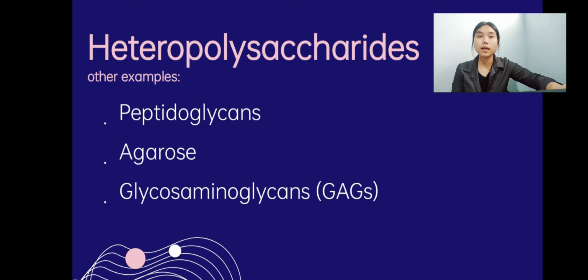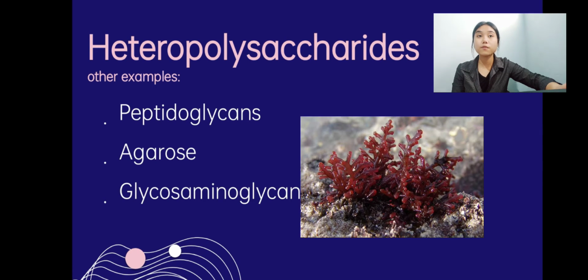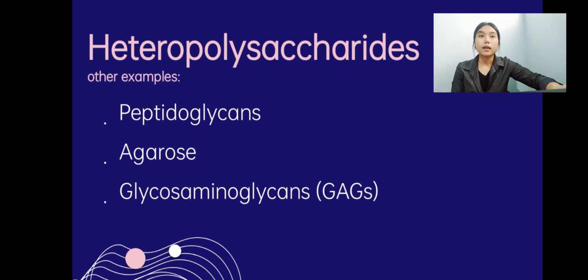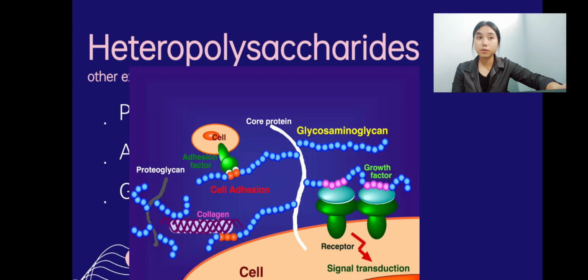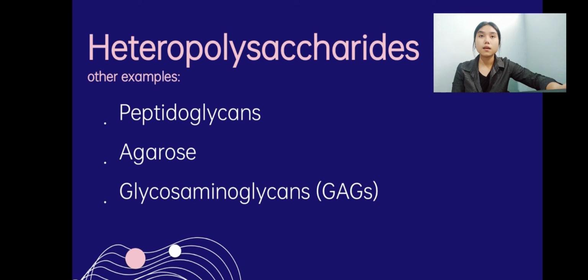It is a natural heteropolysaccharide derived from seaweed, and it is a structural part of their cell wall. Third are the glycosaminoglycans or GAGs, which are heteropolysaccharides that are only present in animals and bacteria, not in plants.